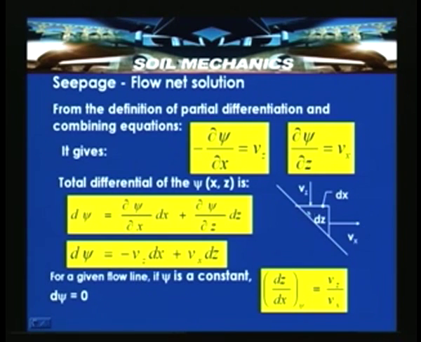Now, you can see that this is the stream function, streamline or flow line. Vx is the velocity in the x direction, and Vz is the velocity in the z direction. So, with this we can say that dz by dx of φ is what we obtained as minus Vx by Vz, and dz by dx of ψ we obtained as Vz by Vx.